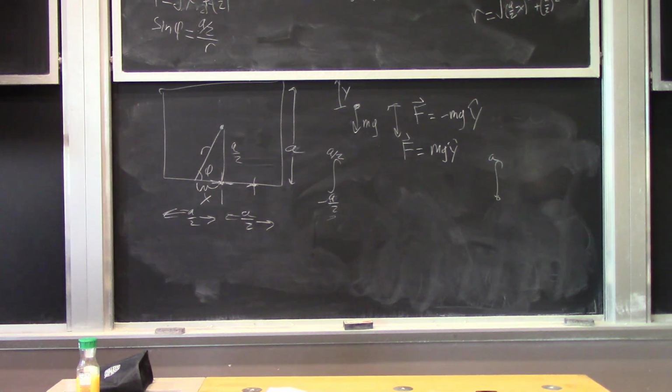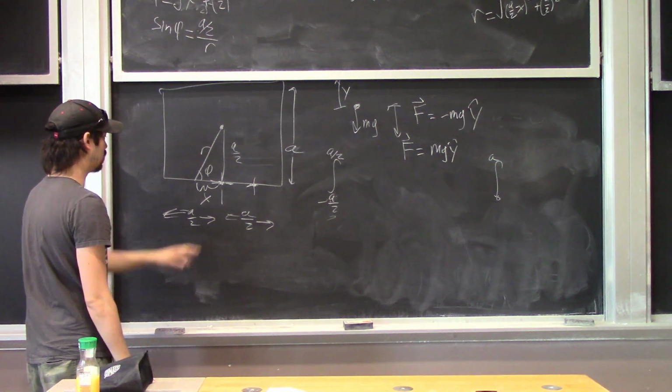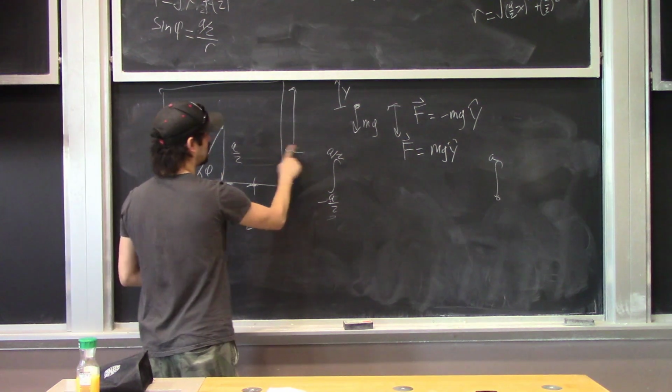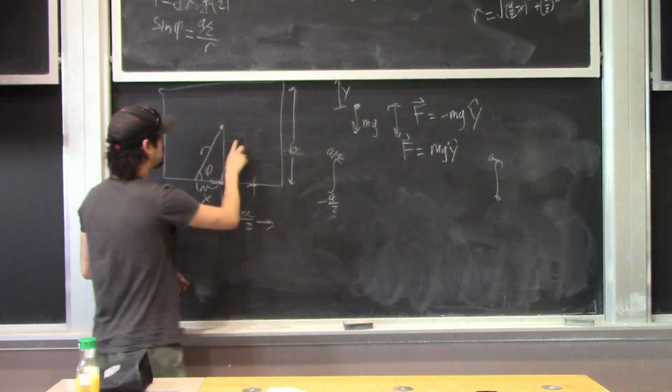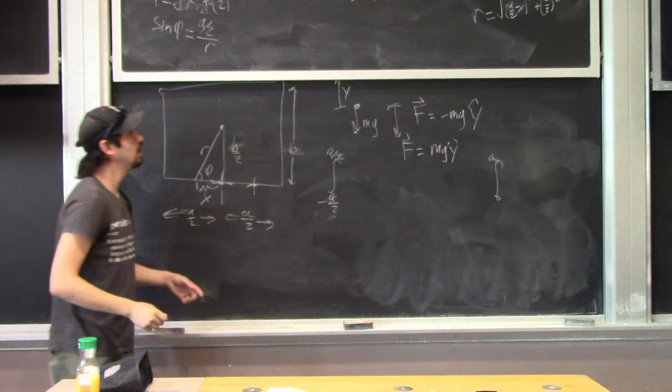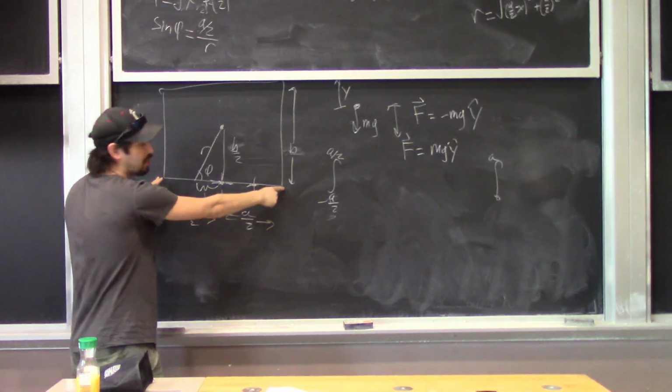Yeah? How would this change if you had a rectangle? Would you have a varying y direction and a varying x direction? If I had a rectangle, what I was doing here was saying that all sides are the same, but let's say that this side is a length b instead of a length a. So this becomes b over 2. The limits of integration stay the same because I'm still adding up over this length.